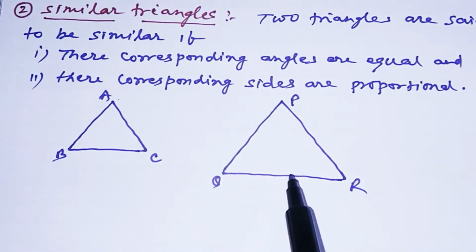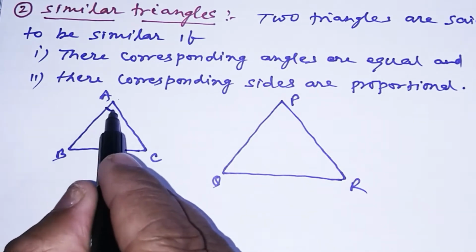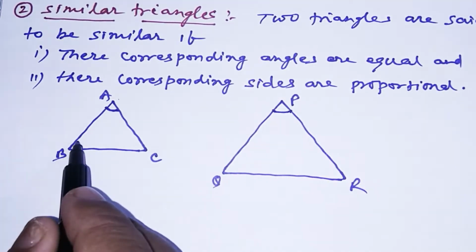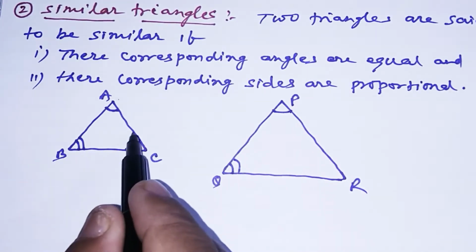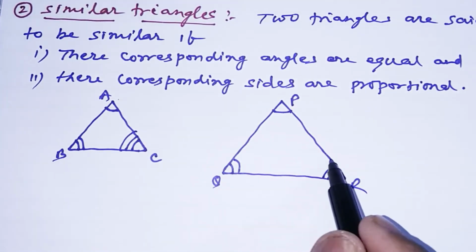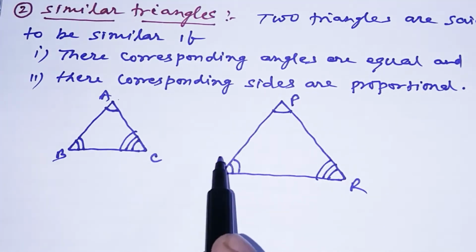Now if angle A is equal to angle P, angle B is equal to angle Q, angle C is equal to angle R, these three are the corresponding angles and they are equal.